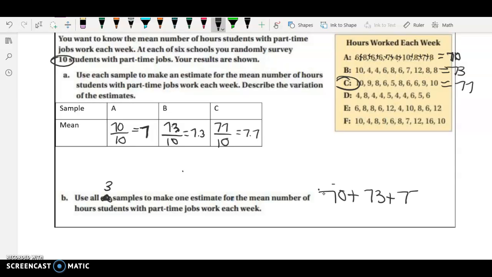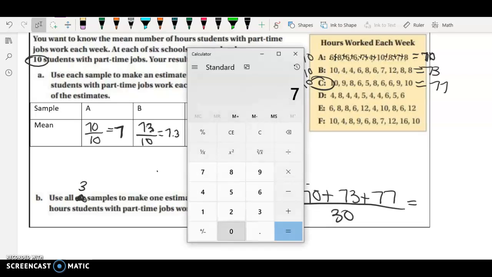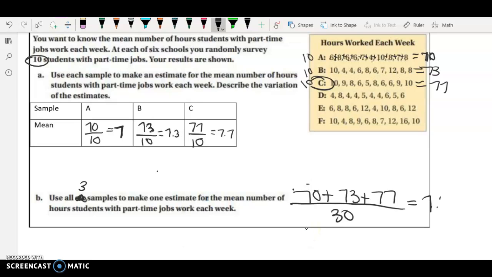C, we got 77. And so we're going to add all those up, and then we're going to divide by 30 this time because there's 10 plus 10 plus 10, so that gives us 30 students. So 70 plus 73 plus 77 gives us 220, and then we divide by 30, and we get 7.3 repeating for our answer.